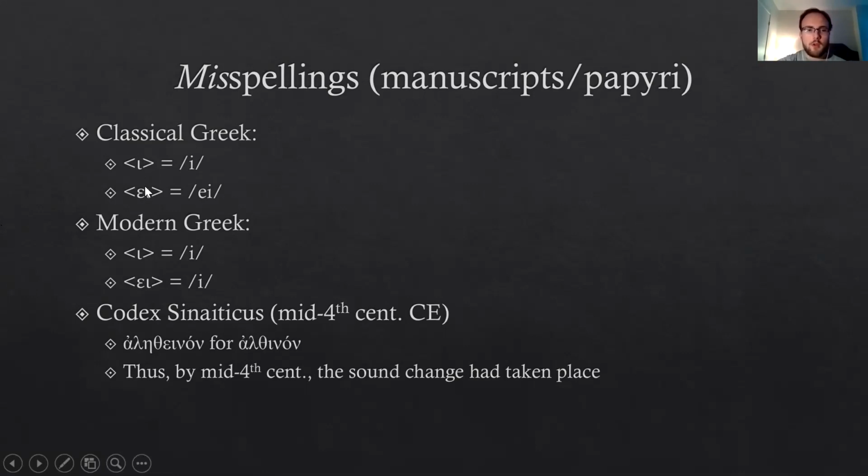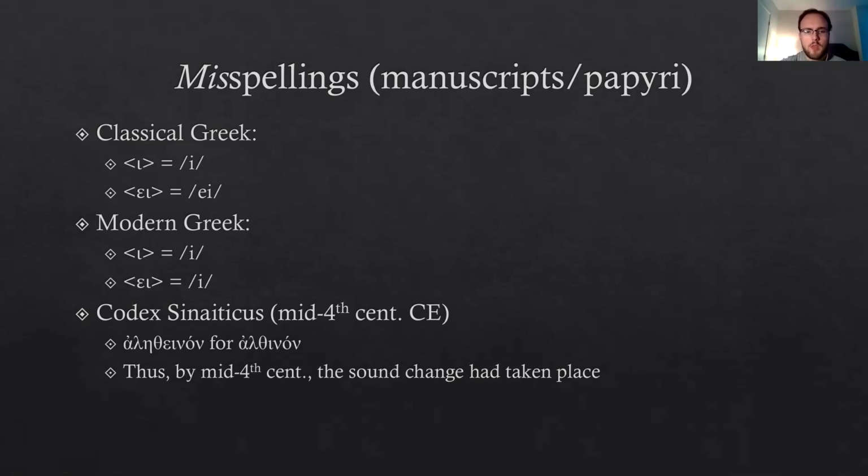And then in very early, probably pre-classical Greek, this digraph denoted a diphthong, which eventually monophthongized. And so by the period of modern Greek, these are actually homophonous, with an iota representing an e, and then the epsilon iota digraph also representing an e.